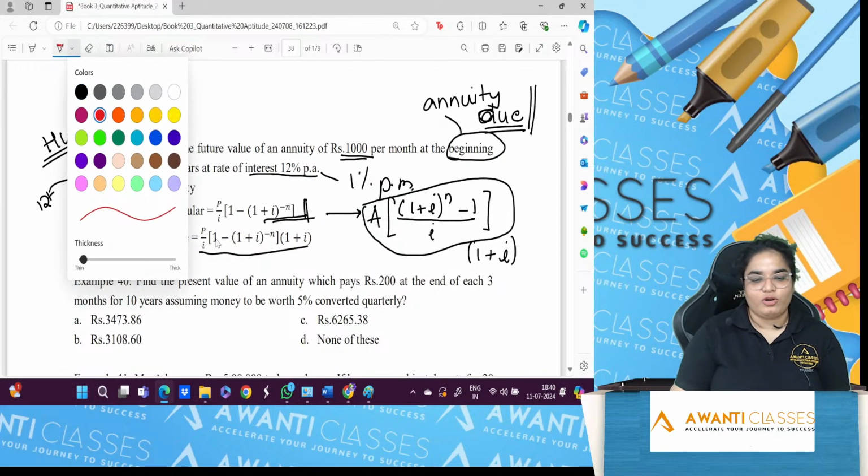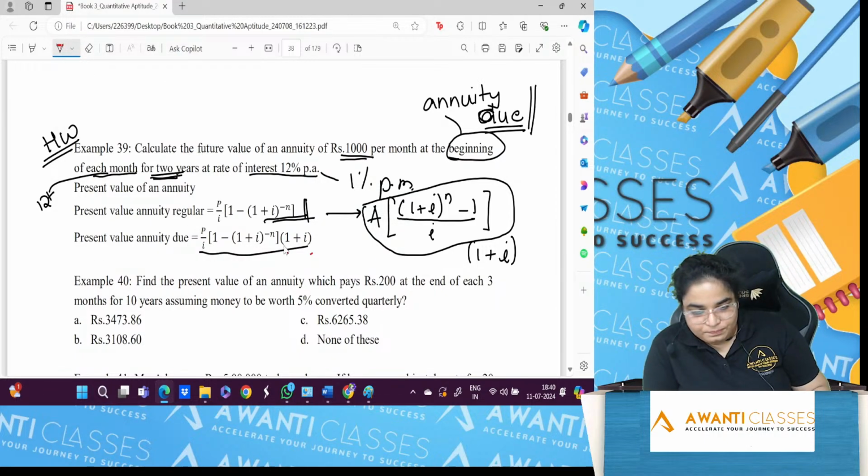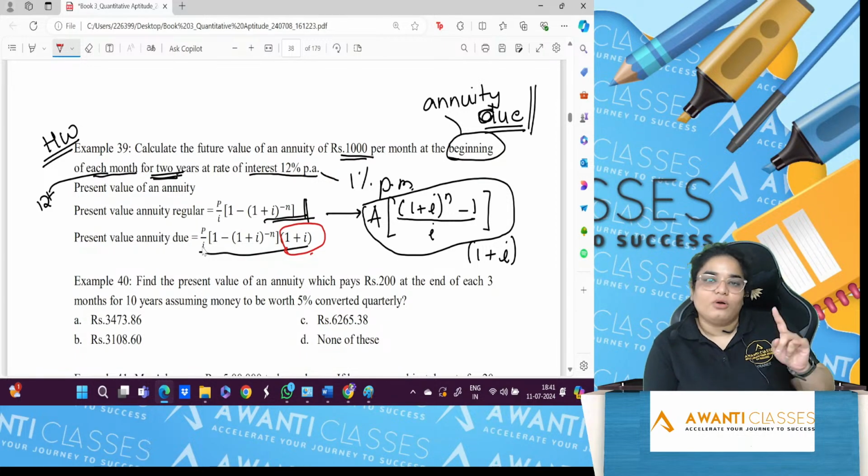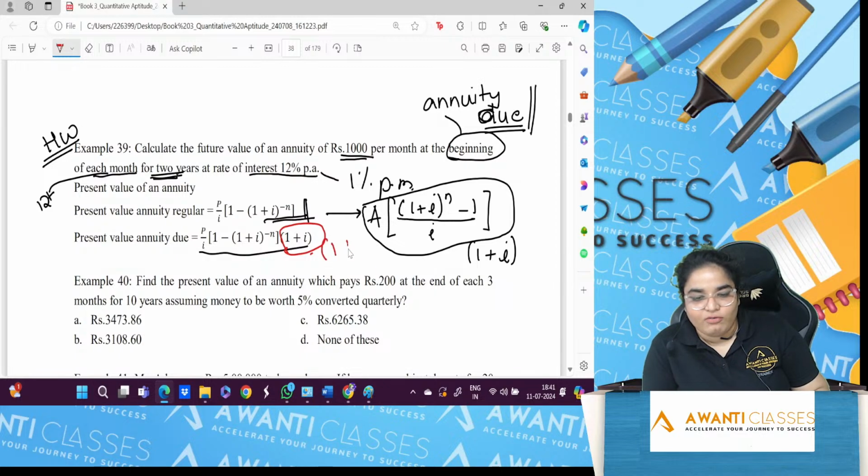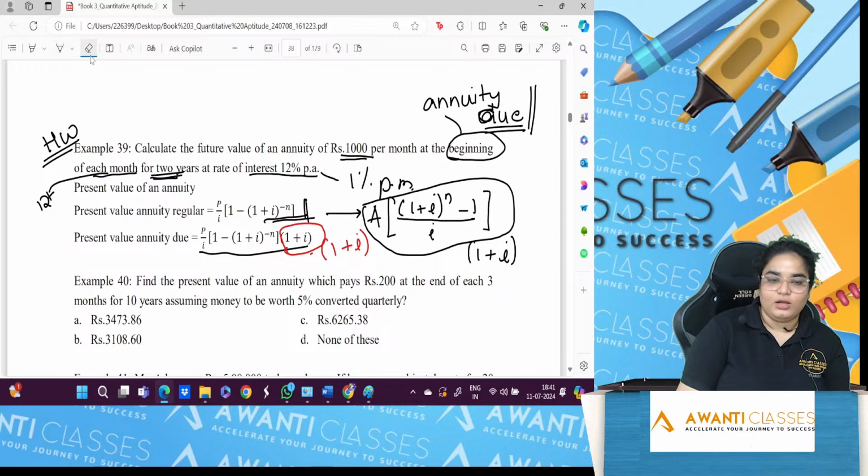Any formula you want, you can use, except at the end, when it is annuity due, calculate annuity regular and multiply the answer with 1 plus I. Any doubts?